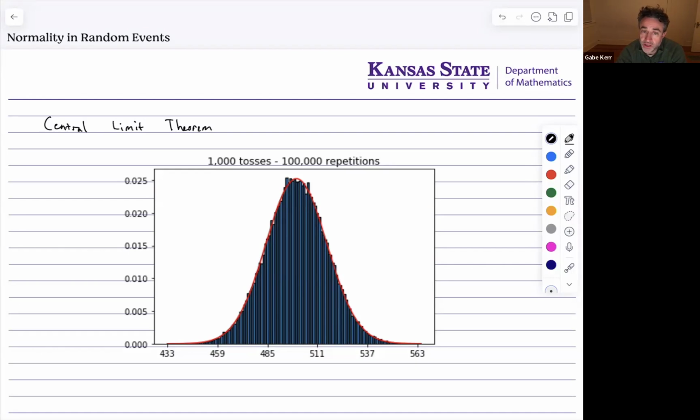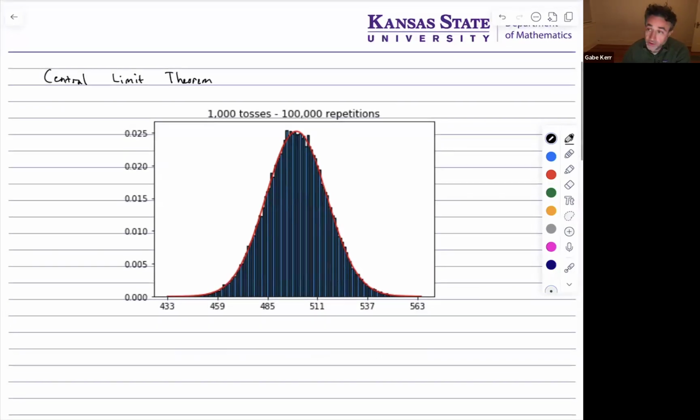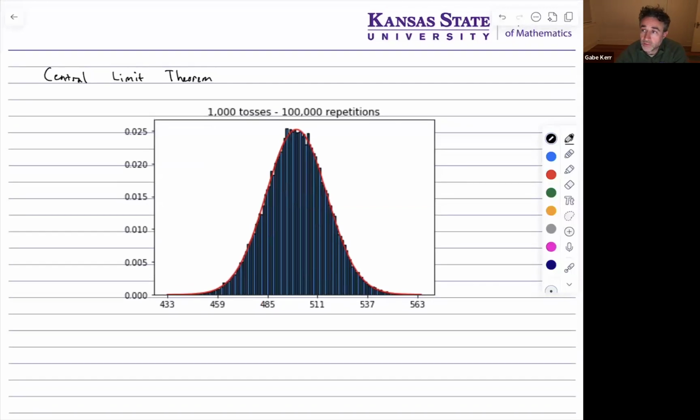Each experiment, they count the number of heads after 1,000 tosses. And what you're looking at is the distribution, or histogram, if you will, of the results. And so what you'll see in general is this kind of phenomena. And this section discusses it.